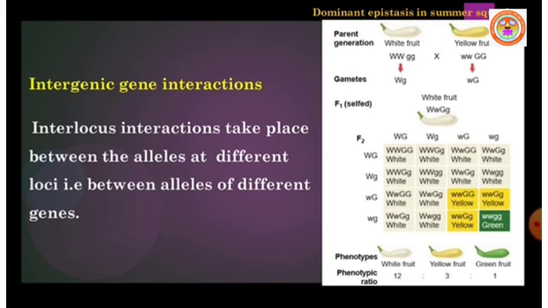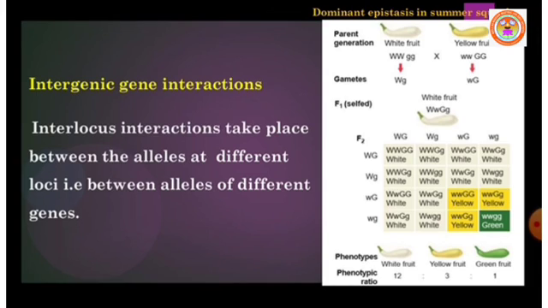So what was the change? You can observe the color of the fruits which appeared in the F2 generation. They produce the phenotypic ratio of 12 white, 3 yellow and 1 green. Here the epistatic gene is capital W. Either in the homozygous condition or in the heterozygous condition, it produces only white color in the fruit.